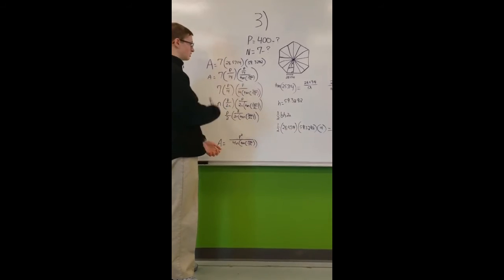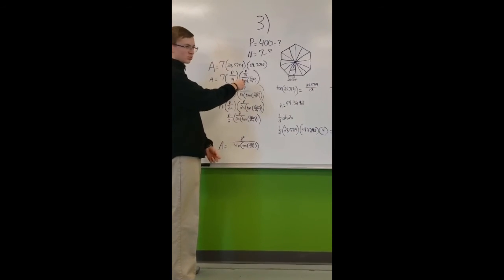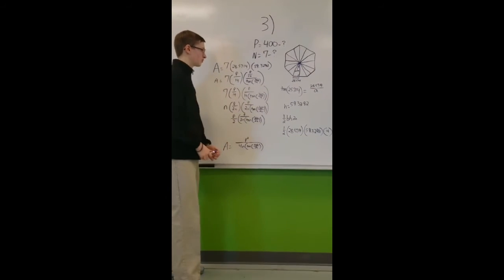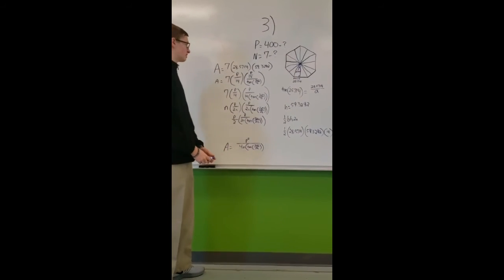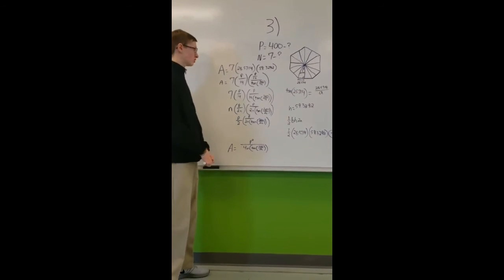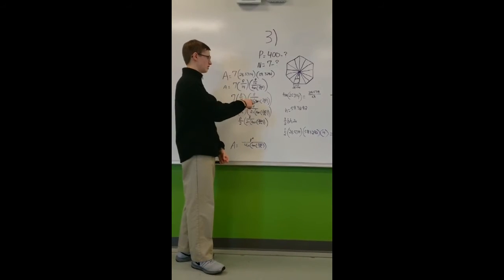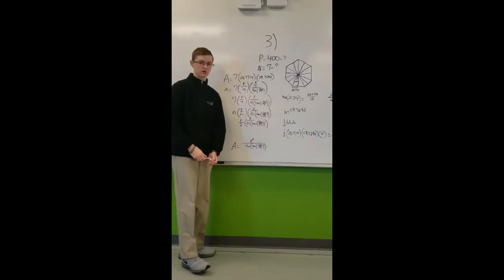You simplify that by multiplying, because it's basically P over 14 divided by tan of 360 over 14, so we multiply and flip the second one. So we get 7 times P over 14 times P over 14 times tan of 360 over 14.